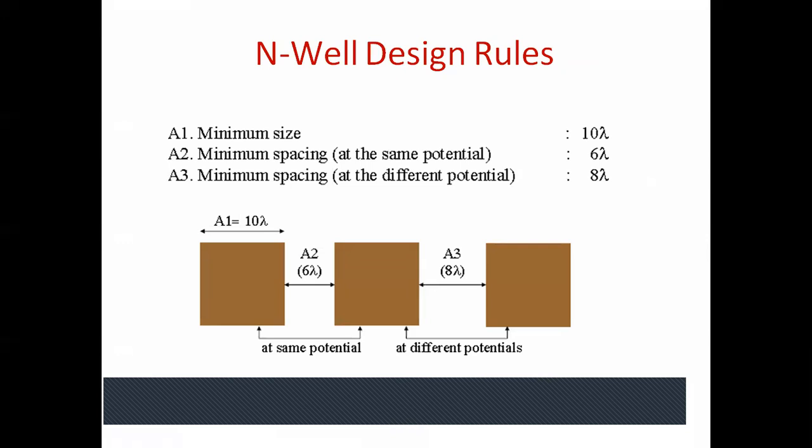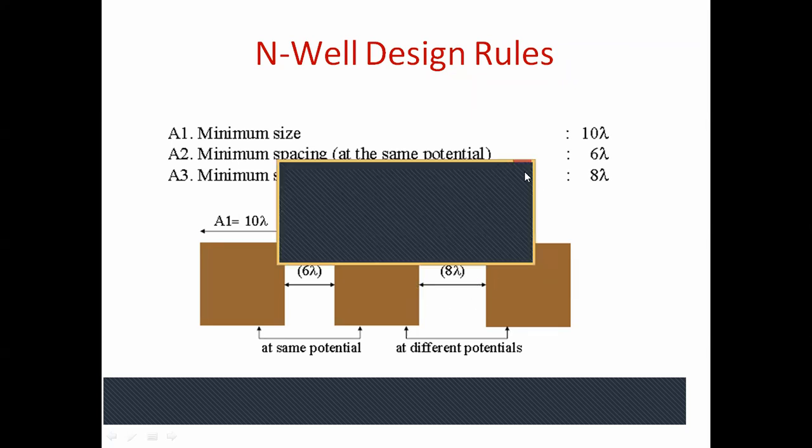Okay, now these are wells. It says that if two wells are there, then the separation has to be 6 lambda if this well and this well are at the same potential. But if the wells are at different potential, then that separation has to be 8 lambda.